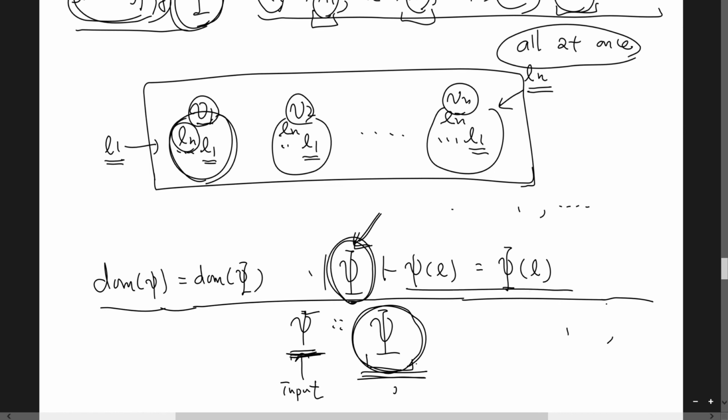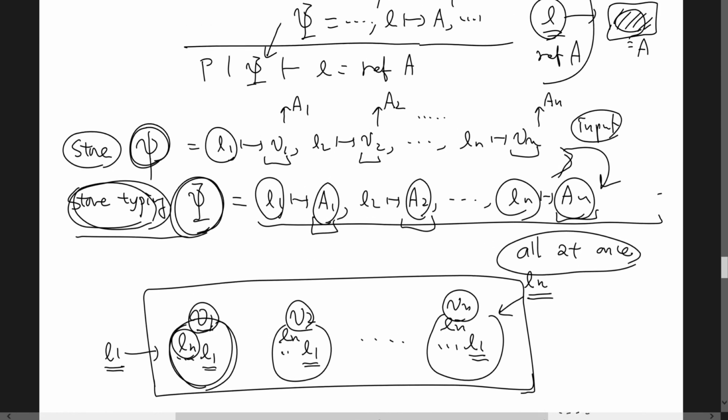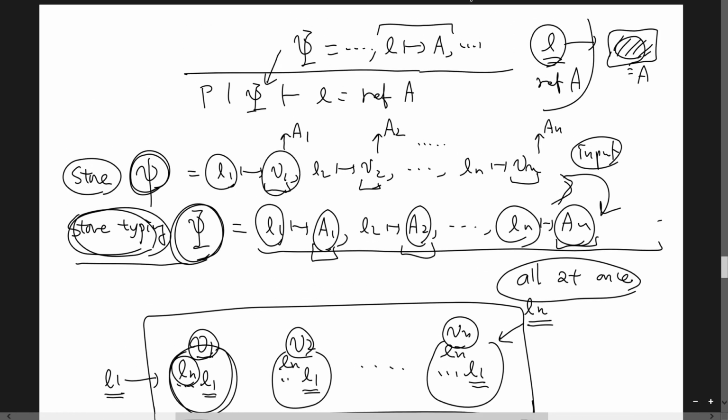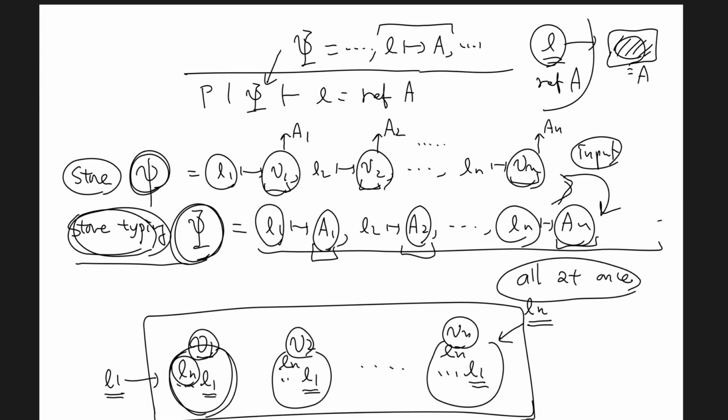Then you confirm that the store typing is indeed the solution. So the point I'm trying to make here is this rule looks innocent, but it involves some element of recursion, which makes perfect sense because you have to calculate the type of all these values all at once, simultaneously.